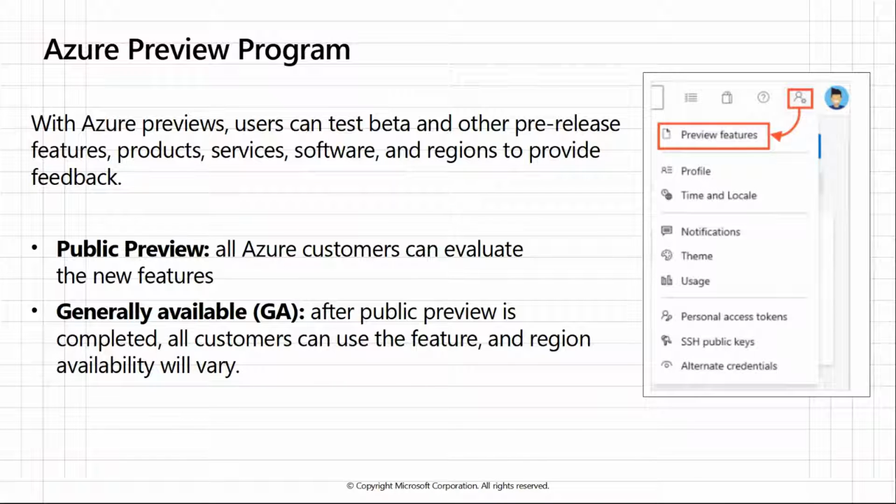In public preview, all Azure customers can evaluate the new features, and in generally available, whenever the public preview is completed, all customers can use the feature, and region availability will vary. This would be available next to your subscription, and you can use the feature by clicking on the preview feature, and then you will be able to use this Azure preview program.